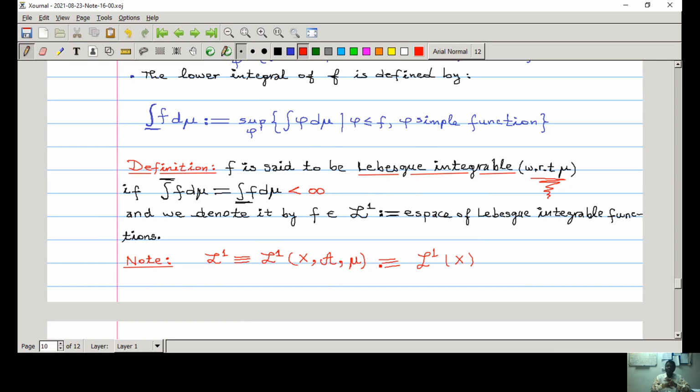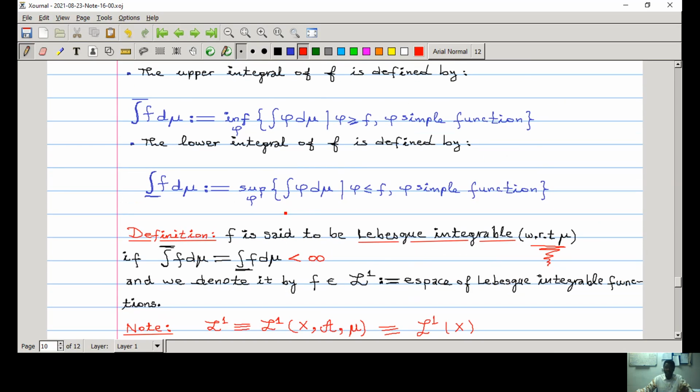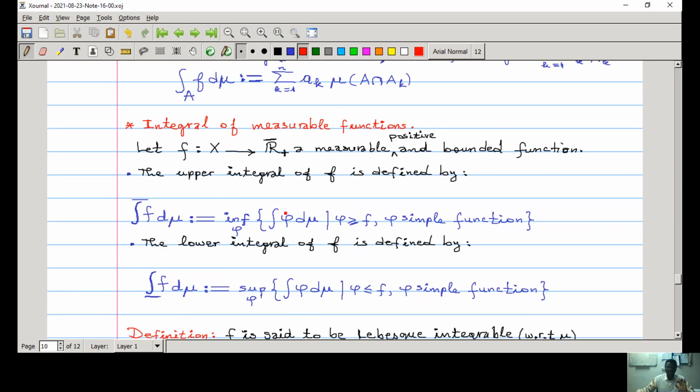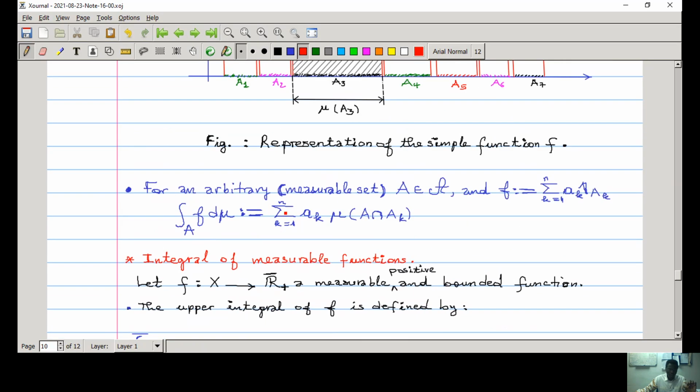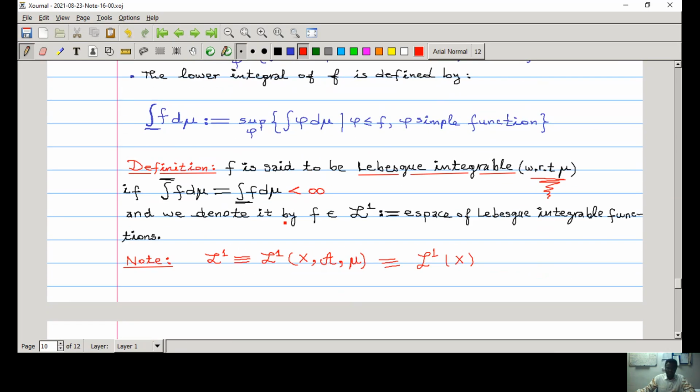So this definition is a broad definition of the Lebesgue integral. That integral is defined with respect to mu, an arbitrary measure on the set X, or on the sigma algebra. So it is not the Lebesgue measure that we are using here. That means the mu we are dealing with here is an arbitrary measure, not necessarily the Lebesgue measure. So this precision is worth mentioning, right? Okay.